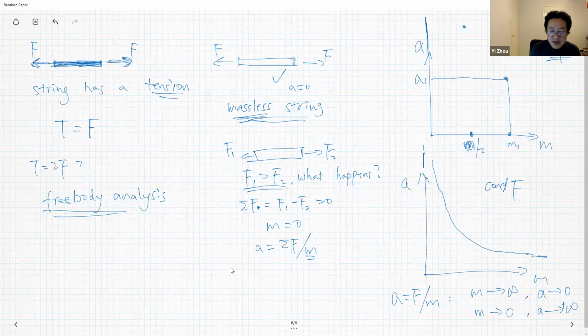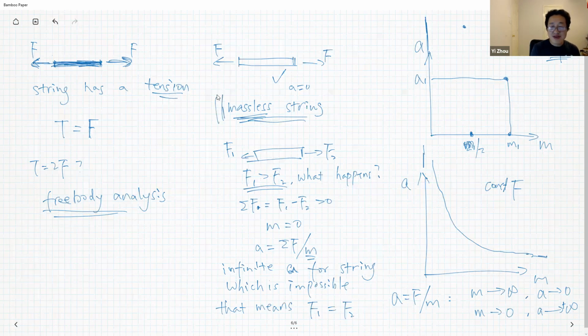So we call it an infinite force string, which is impossible. That means F1 has to equal F2. So that's what the massless string means.